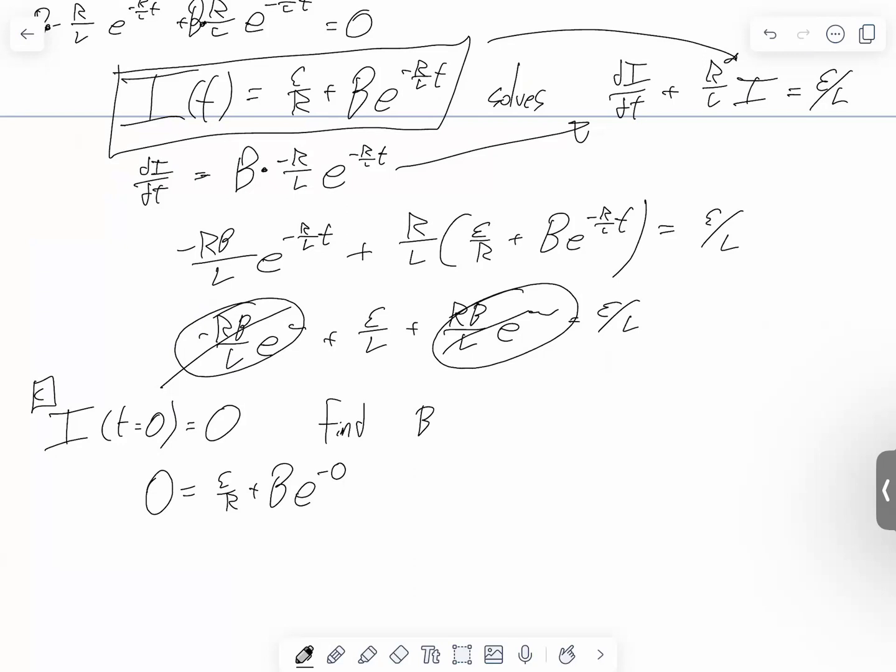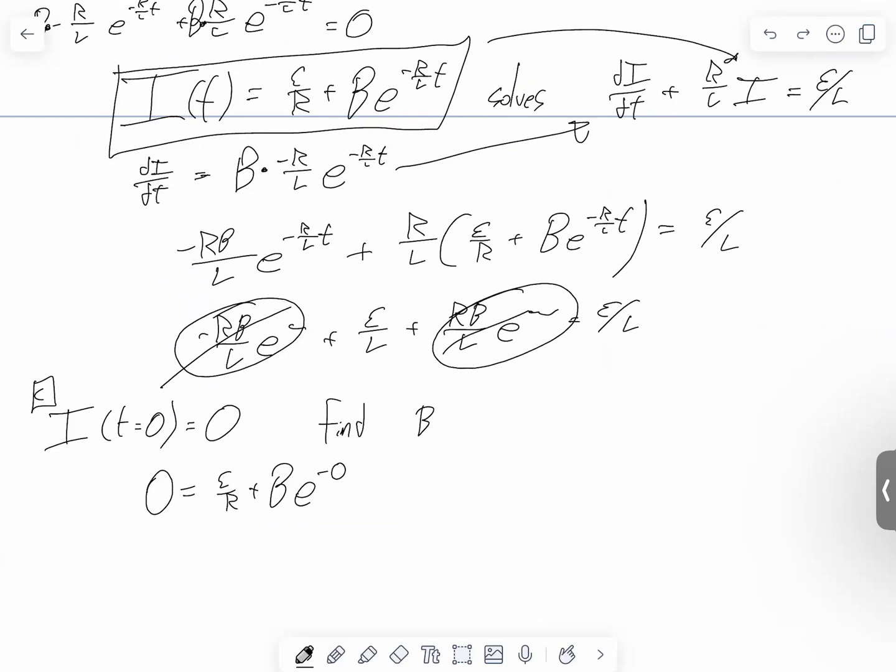Okay, now Johnny and Ed, you've got a function for I. What happens when you evaluate it when t equals 0? Only plug in t to that function. Good. Show me your result.